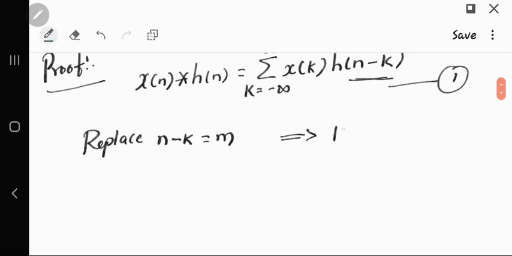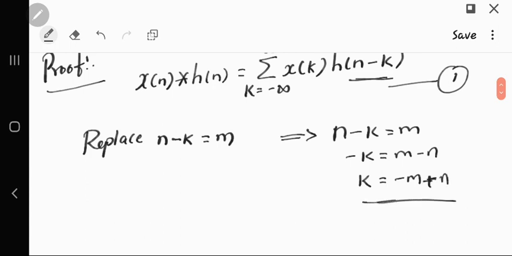So what happens to k? n minus k is equal to m, so k is equal to n minus m, that is, k is equal to minus m plus n. Now the limit should be changed as we have replaced n minus k with m.